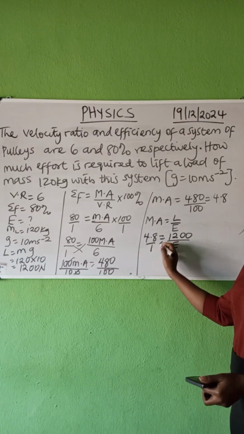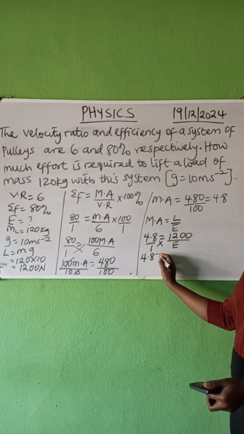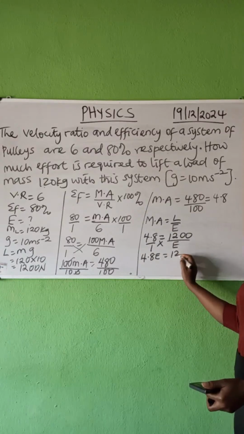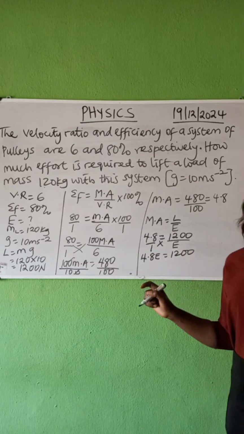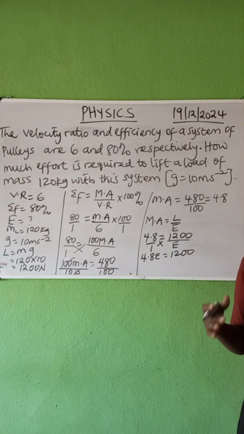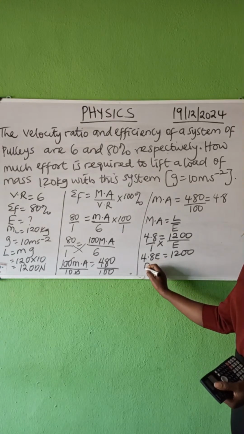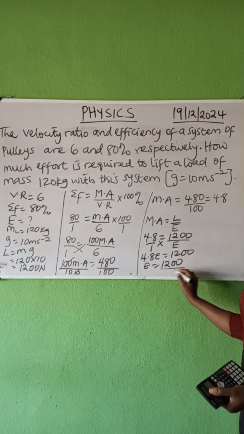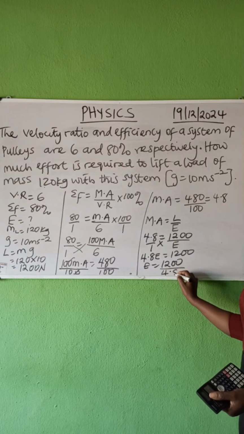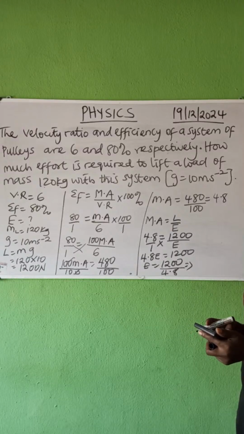Then I will do cross multiply by saying 4.8E is equals to 1,200. Because I'm looking for the value of E, I'm going to divide both sides by the coefficient of E, which is 4.8. So my E is equals to 1,200 divided by 4.8. All right, let's see what you're going to have.